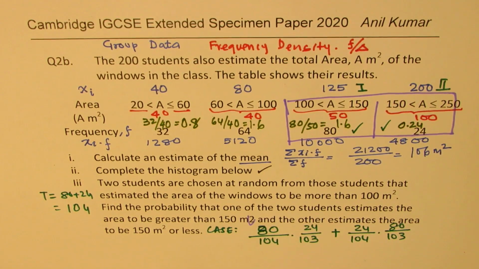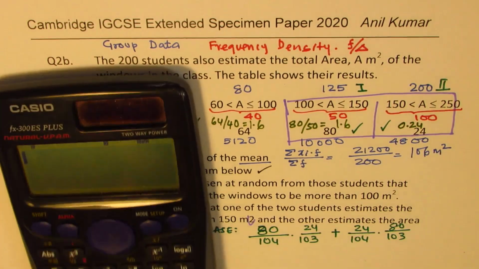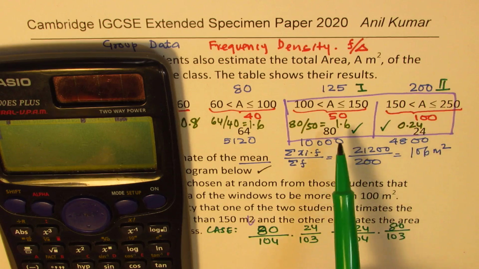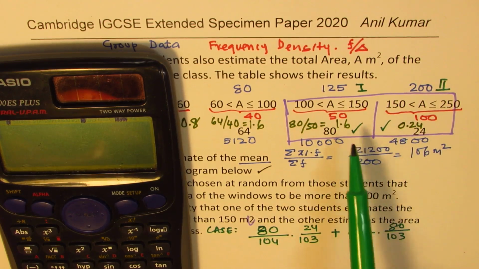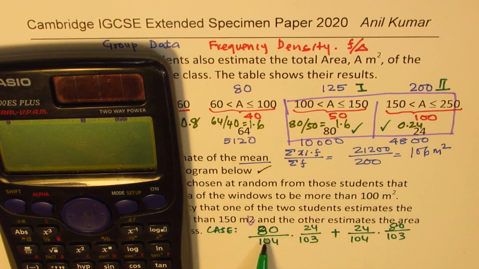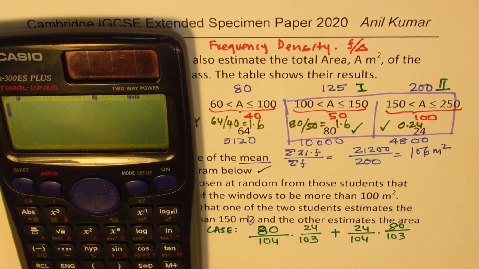Perfect. So remember, it is an event which is dependent, right? Because selection reduces the group set by one number. So these two numbers effectively are same. We could just multiply by 2 after calculating. So I'll do 80 times 24, right, divided by 104 times 103, right?